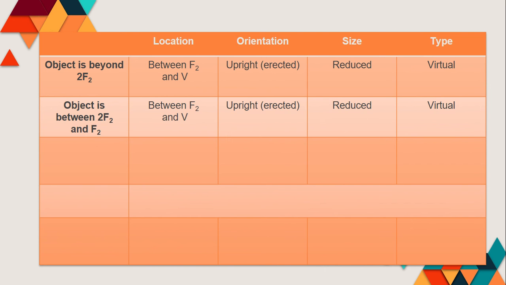Therefore, sa ating concave lens, lahat sila, ang kanyang properties ay pare-parehas lang. Alright? Katulad doon sa mirror natin. Ano doon sa ating mirror na convex mirror. So, sa ating concave lenses naman, yan, pare-parehas siya. But, lahat ba ganon? Nope. Hindi lahat ganon.